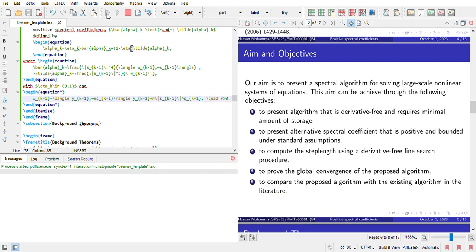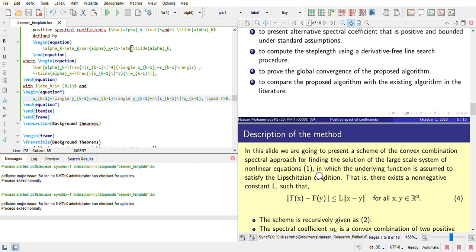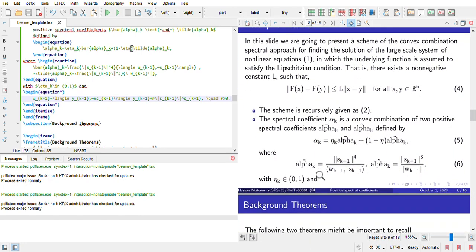It's a slide that is describing our new spectral coefficient, the one that we are going to use. Okay, so you see there are some typos.